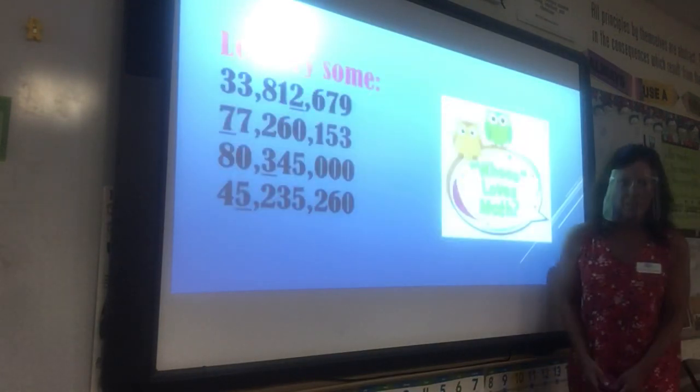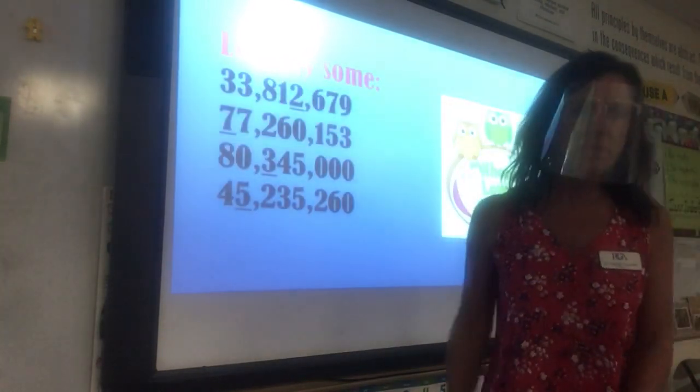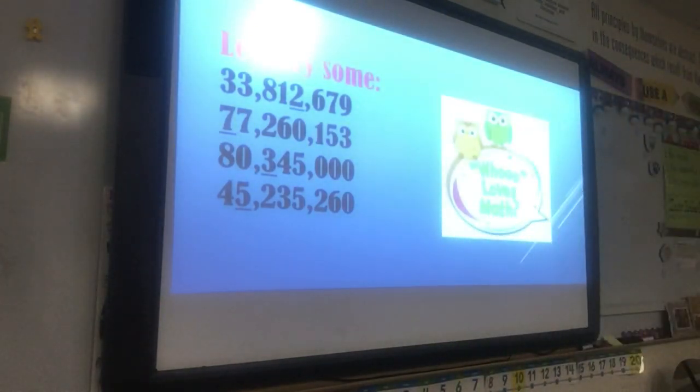Okay, so this first number here, somebody give me the place that the 2 is in, and then give me the value of the 2. So what place is it in? What value, Brian? It's in the thousands place, and the value is 2,000. Right, it's in the thousands place, so its value is 2,000. Okay, what about the next number?